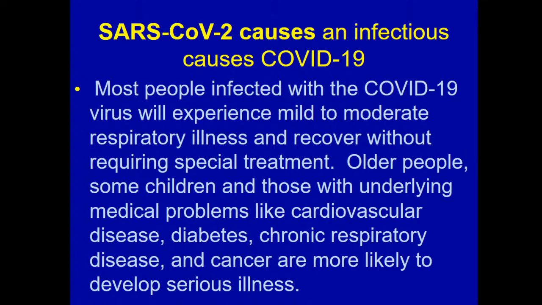First, of course, this is the aged people, right? Then some children, we don't know why in some children it may go very severe. But of course, we have to consider those that have very severe underlying medical problems: cardiovascular diseases, type 1 diabetes but also type 2 diabetes, chronic respiratory illness, and cancer.